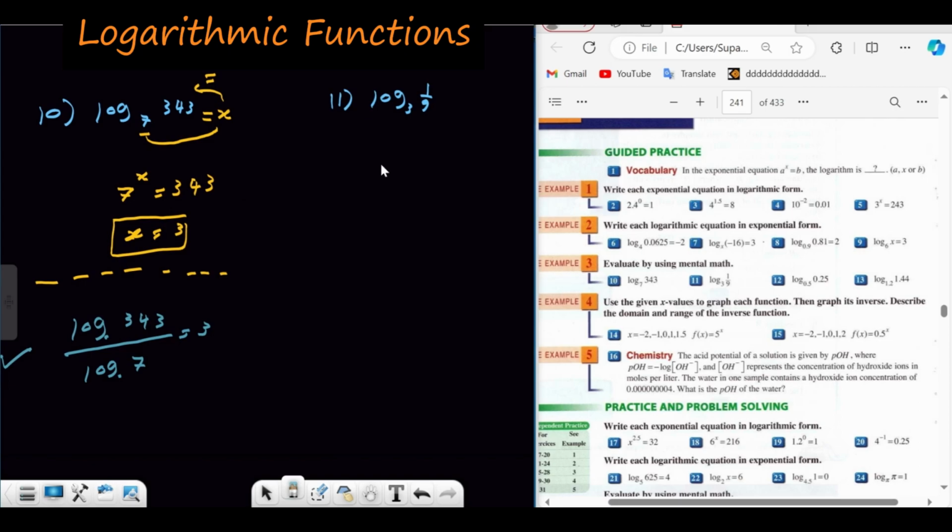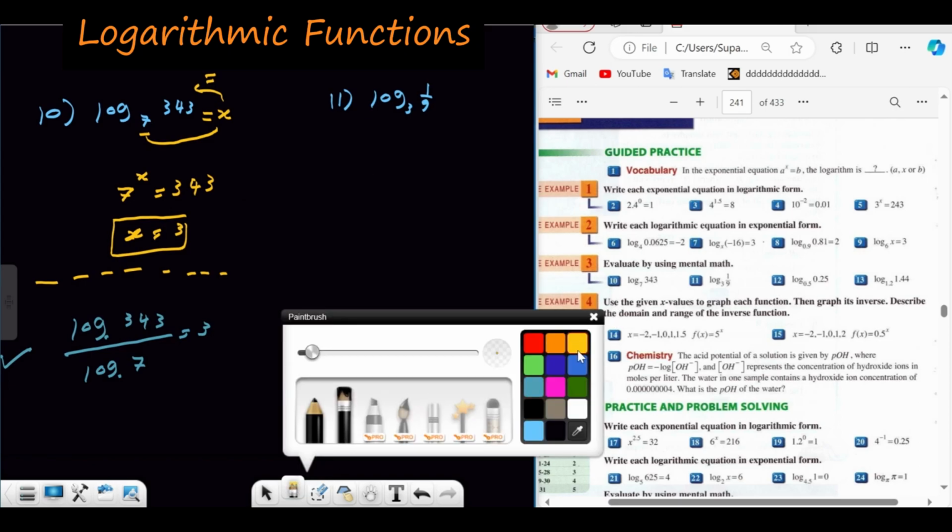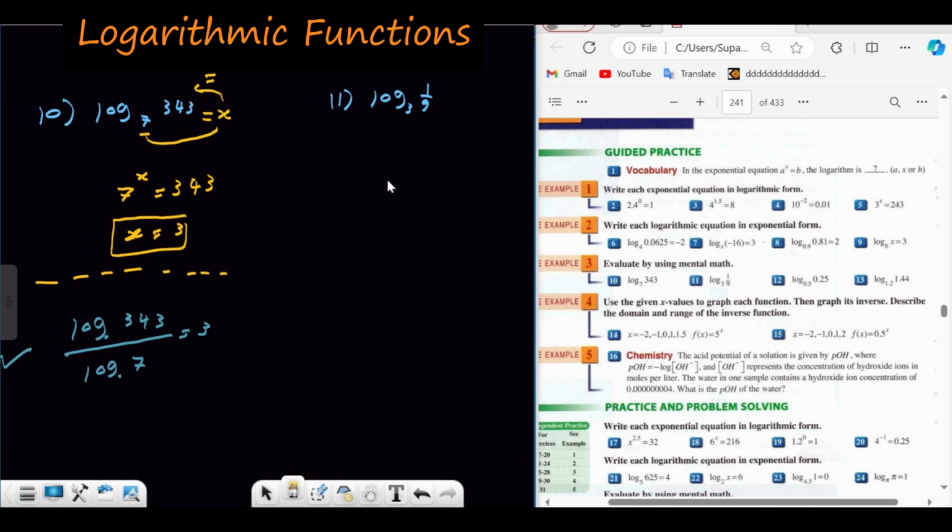Now the question says solve it by mental math. Let's solve it. We assume this equals x, and log base 3 of 1 over 9 equals x.